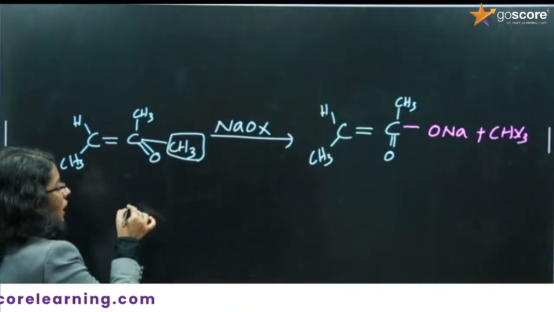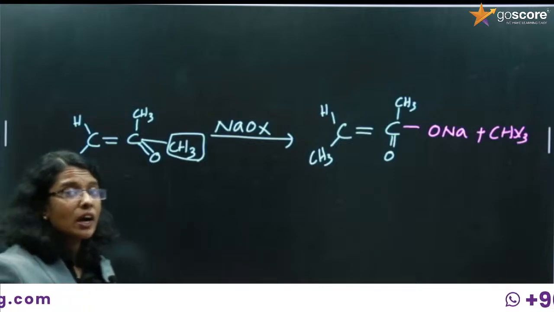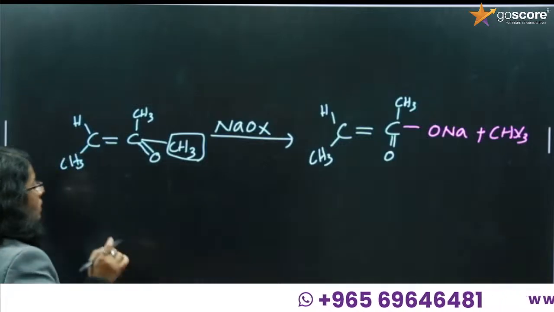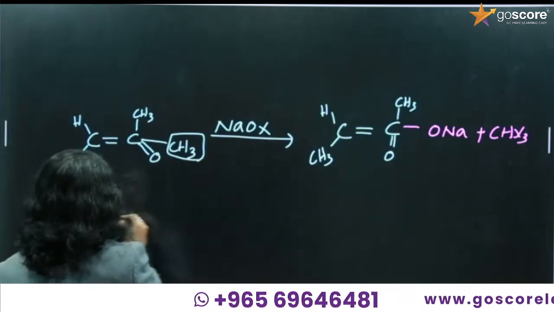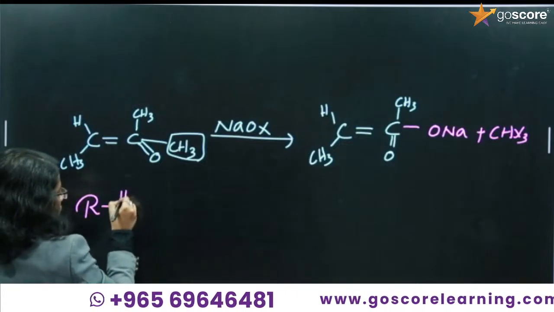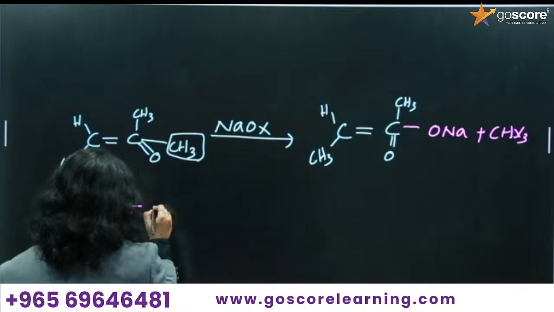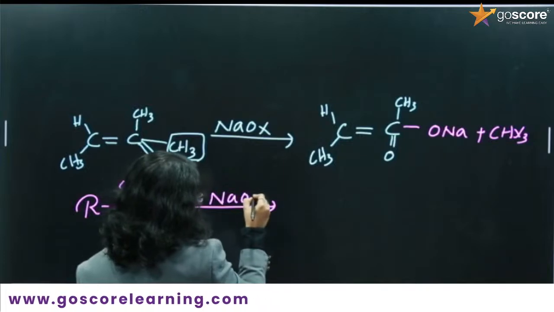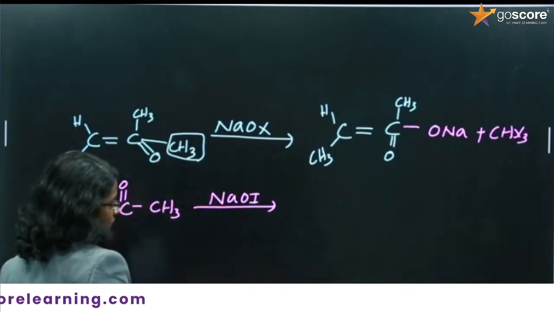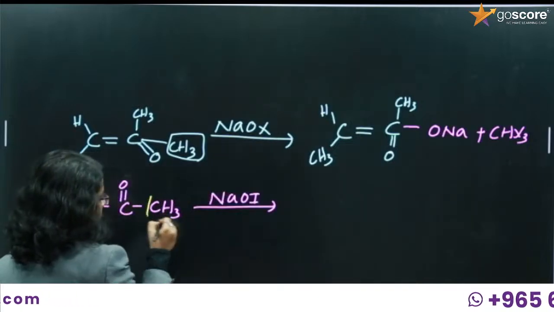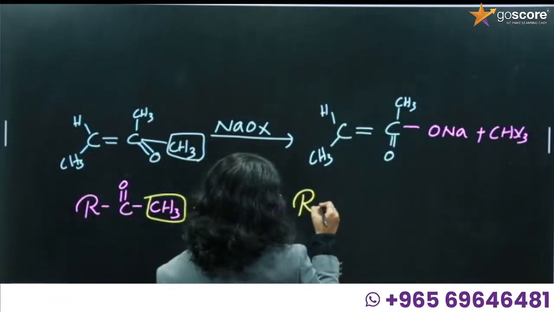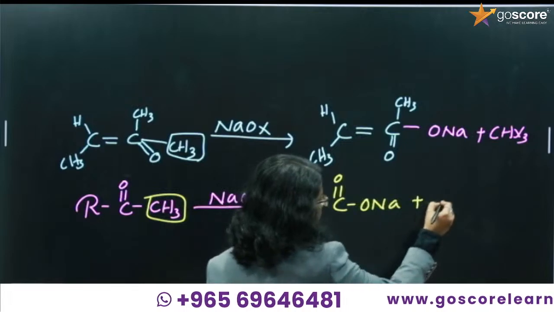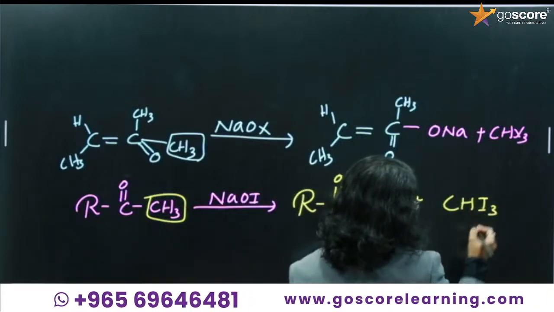Here only the iodoform reaction will give a color; a yellow precipitate will be obtained. If we take R-C=O-CH3 and treat it with NaOH and NaOI, this group will change to RCOONa plus CHI3.